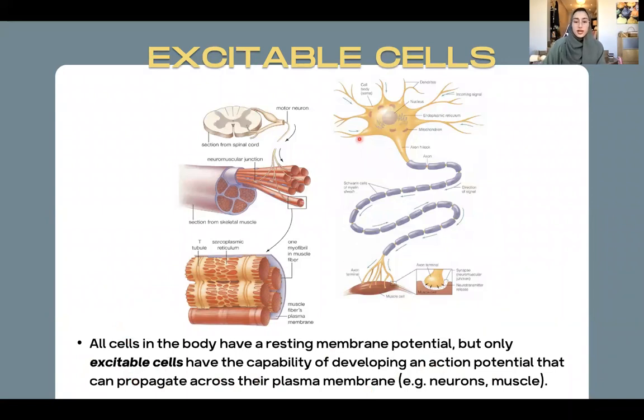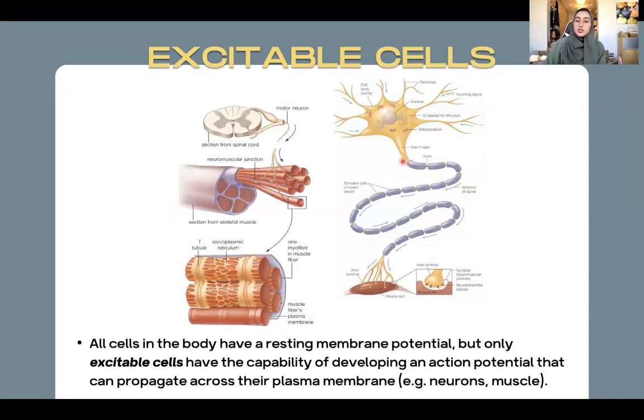So basically a signal starts here at the dendrites, then goes to the body, then to the axon hillock, and then it's transmitted all the way down the nerve to whatever it is, whether it's the muscle or whatever it may be. This goes on throughout your entire body at every single second.